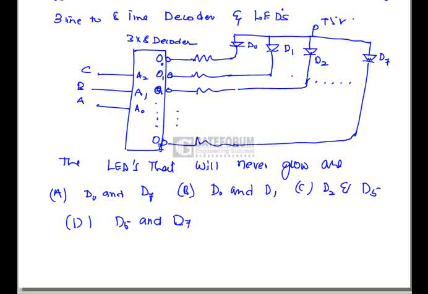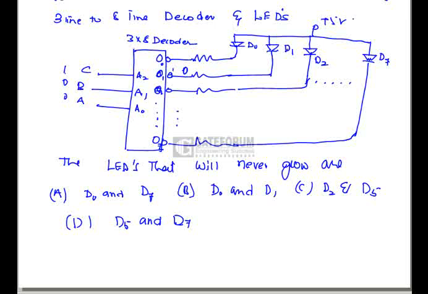The bubble indicates active low. In the normal position, O0 has 1. Suppose I give 0 0 1 as input to the 3 to 8 decoder, then O1 is selected, which means the output at this position is 0. 0 means here is 5 volts on this side, so the diode is going to be in conducting mode.